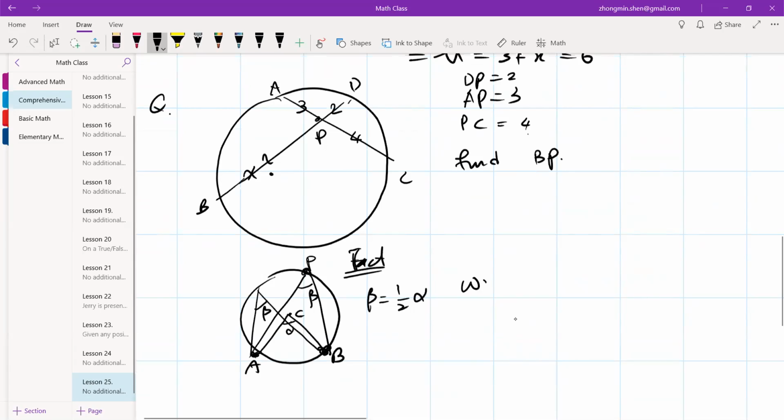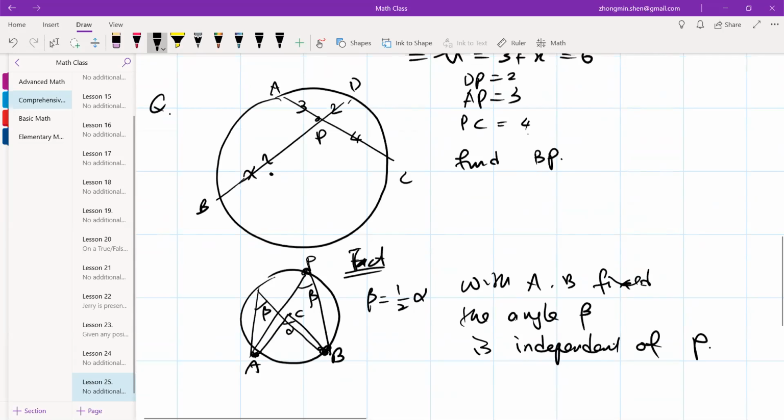So in other words, with A, B fixed, the angle beta is independent of P, the location of the point P. All right.